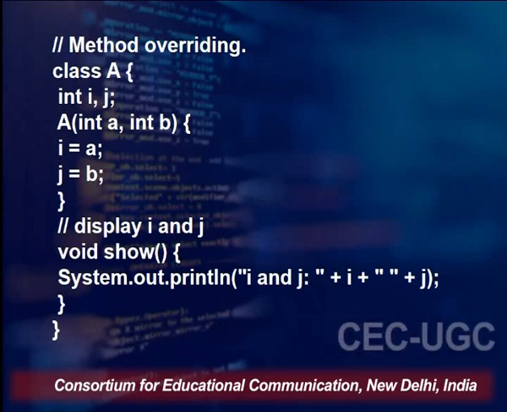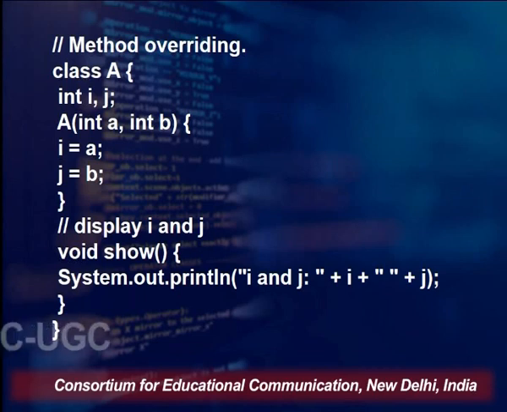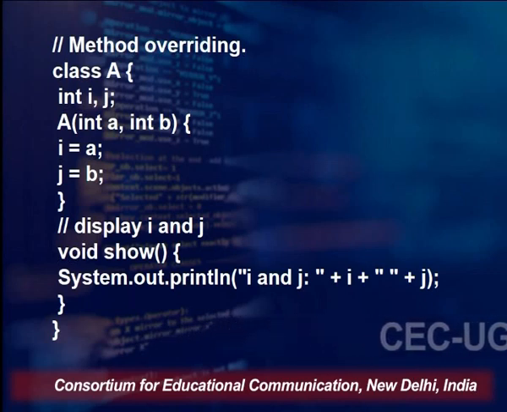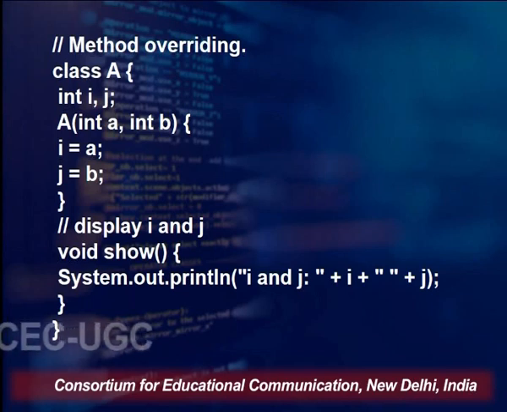The value of a goes to i, the value of b goes to j, and there is a method show that prints the value of i and the value of j. So this is our class, named class A.